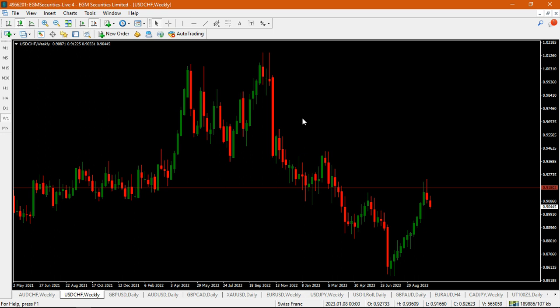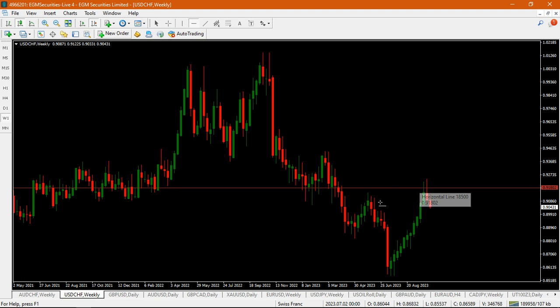But when you're looking at the higher time frames, all the news that has been released can get summarized. Since you're looking at the weekly candles, you get to see how the market ended up over that week. So now let's look at the trade for this chart.